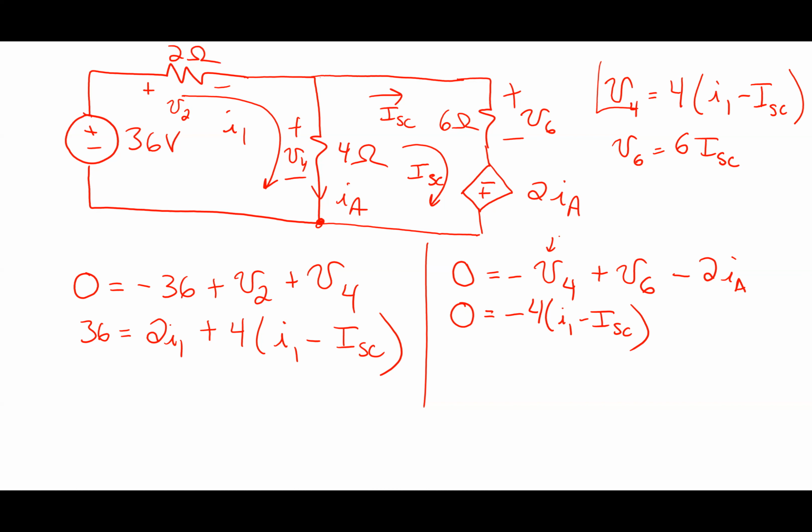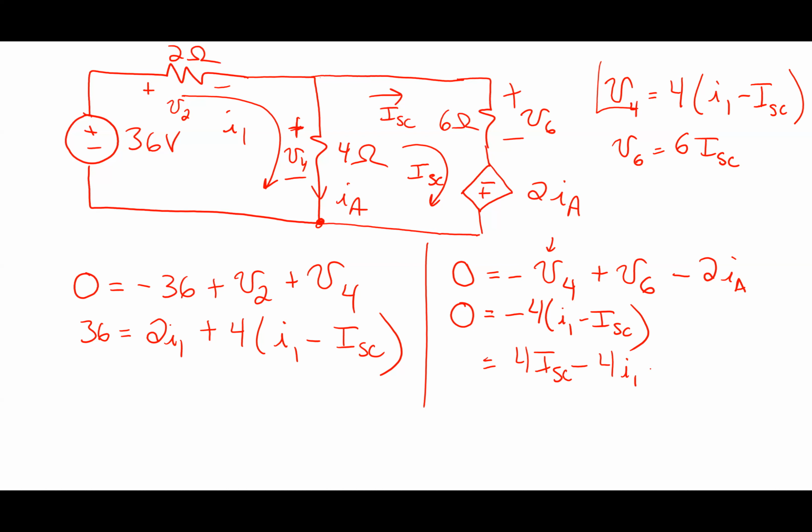Questions still? So the V4 equation would always be I1 minus ISC. It doesn't matter which you're doing. It's I1 minus ISC because of the way that the polarity of V4 has been defined. If you wrote ISC minus I1, would that be incorrect in this case? In my KVL, it's going to end up being 4 ISC minus 4 I1.